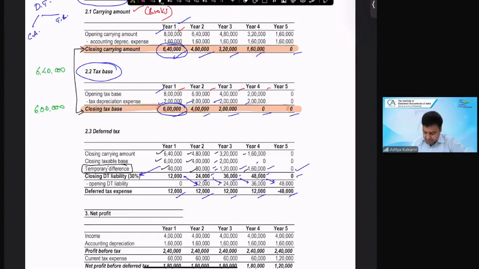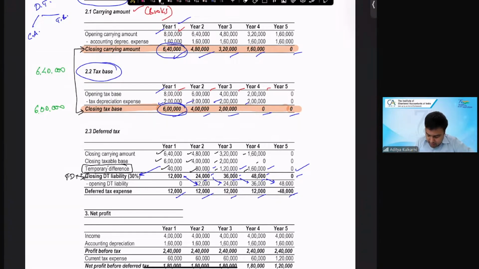And on this temporary difference, we calculate the deferred tax. So this is temporary difference multiplied by 30%.